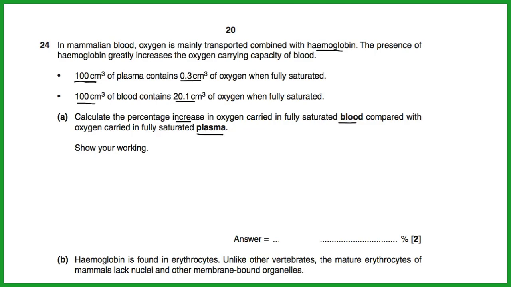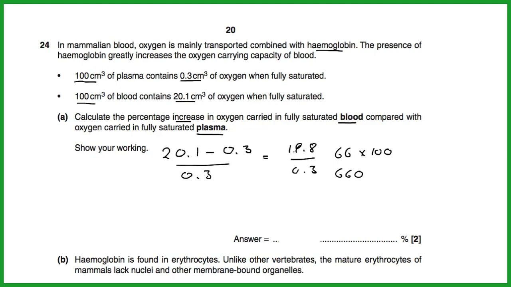Well, the percentage increase would be the saturation of oxygen in blood minus the saturation of oxygen in the plasma, divided by the oxygen in the plasma, which gives you 19.8 divided by 0.3, which gives you 66, multiplied by 100 to give you a percentage, gives you 6,600% more oxygen in fully saturated blood than in fully saturated plasma.